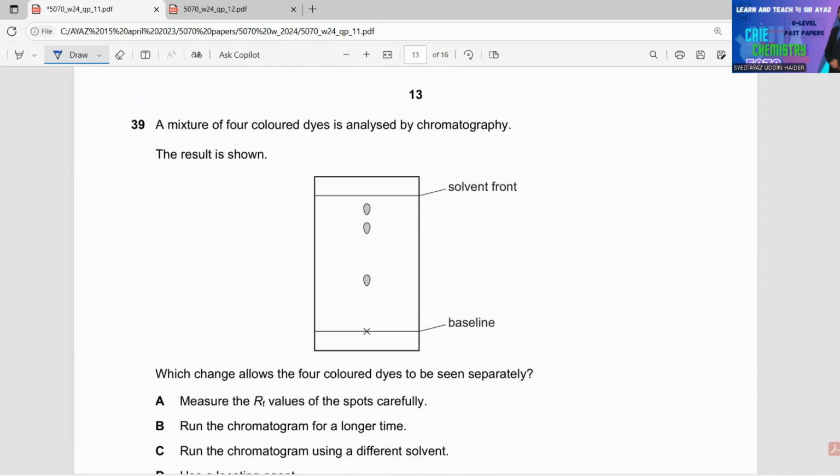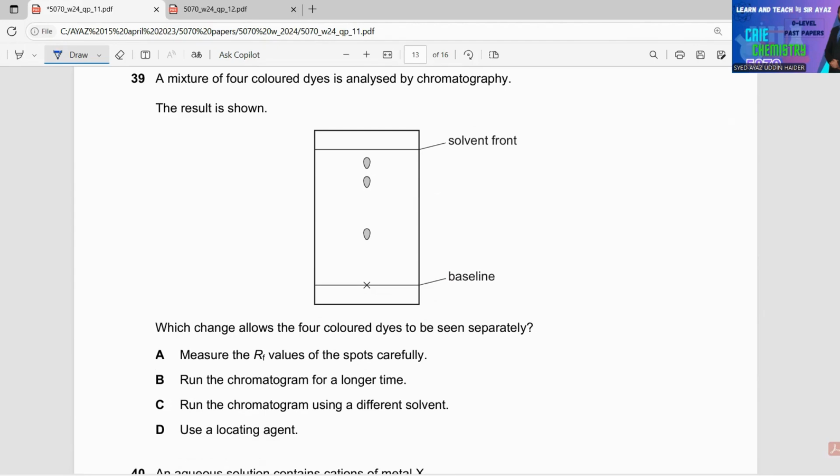Moving to the next MCQ, which is 39. A mixture of 4 colored dyes is analyzed by chromatography. The result is shown. Which change allows the 4 colored dyes to be seen separately? A. Measure the Rf values of the spots carefully. B. Run the chromatogram for a longer time.